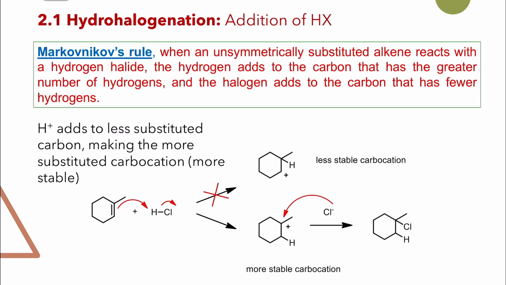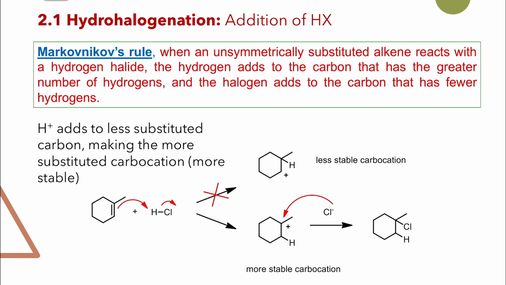This is how I always like to say it. So I will make the rich carbon richer in hydrogen. So when I add the hydrogen, I will look at the carbon that has the higher number of hydrogen atoms, and I will add the hydrogen to that carbon, leaving the other carbon to form the carbocation, which means the halide then will add itself to the other carbon.